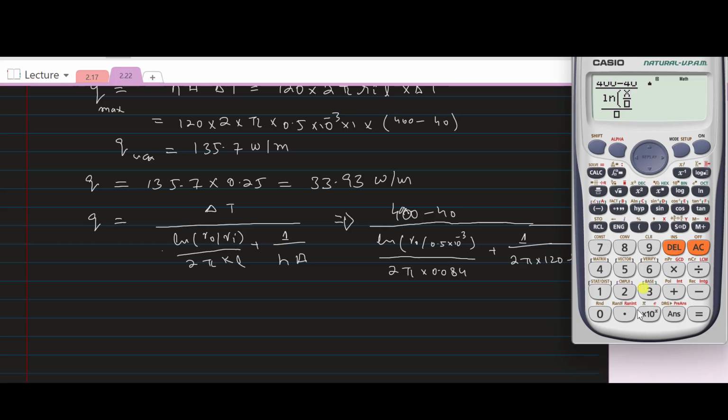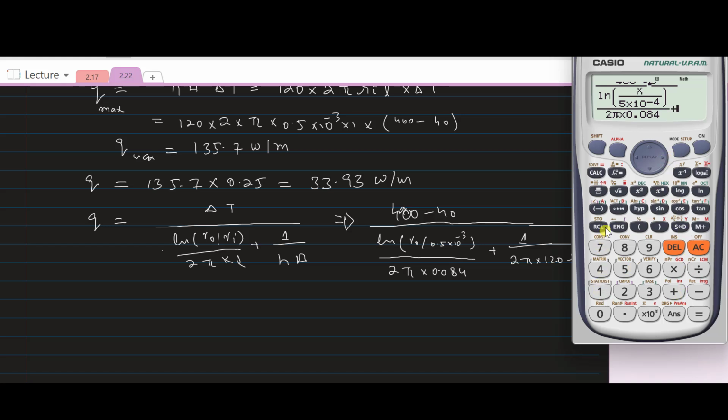Now what is Ri? That is 0.5 multiplied by 10 to the power minus 3, so I can write 5 multiplied by 10 to the power minus 4. Next is 2 shift pi multiplied by 0.084.